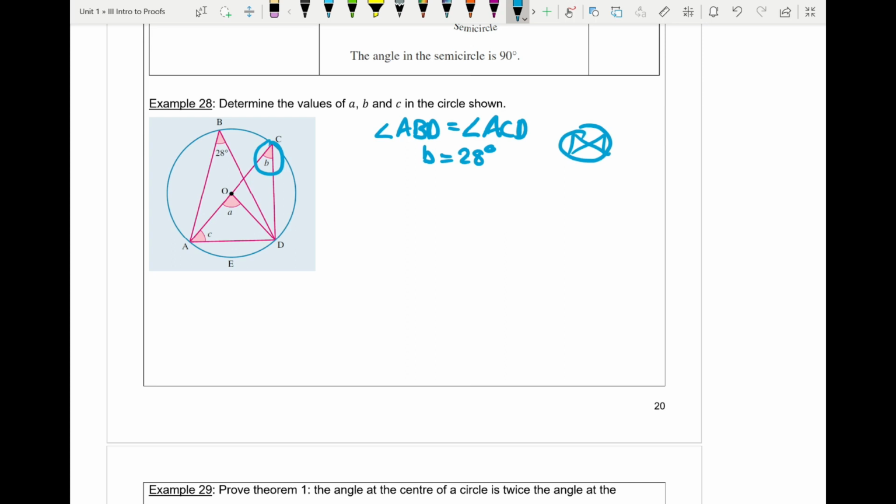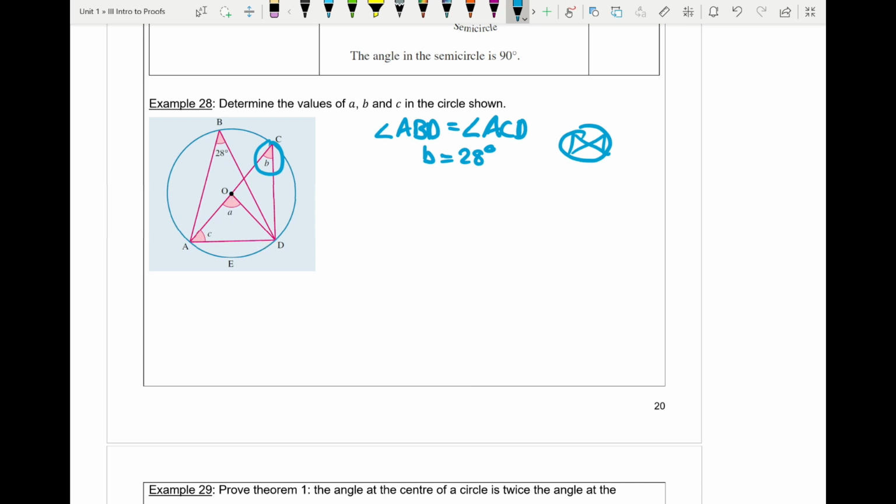Okay, now looking at the angle AOD, this variable A, we can see that the angle ABD is subtended by the same arc to the center. So we've got that this angle is going to be twice as big as this angle.